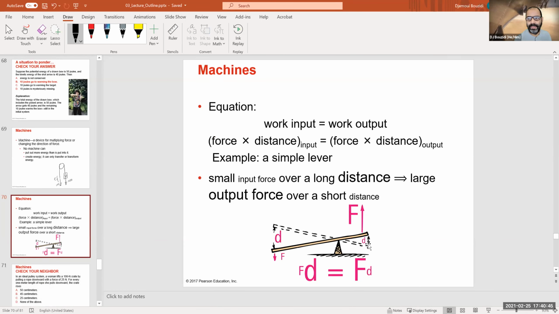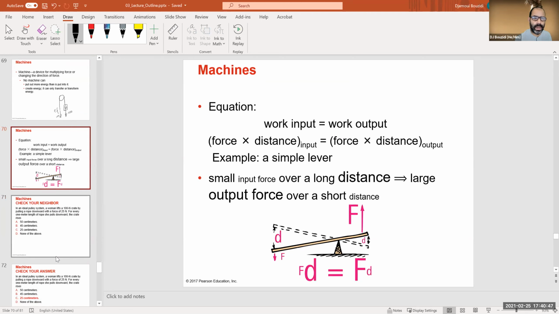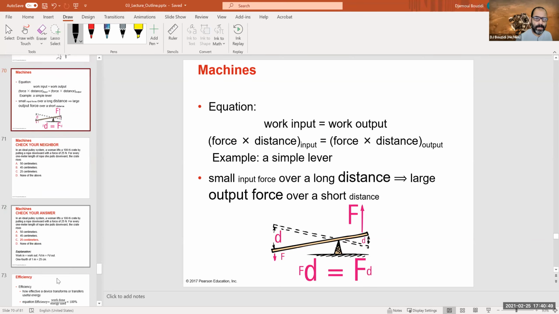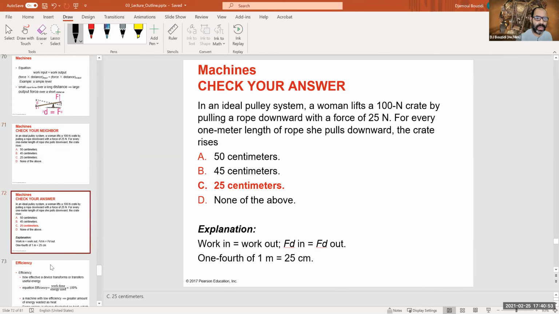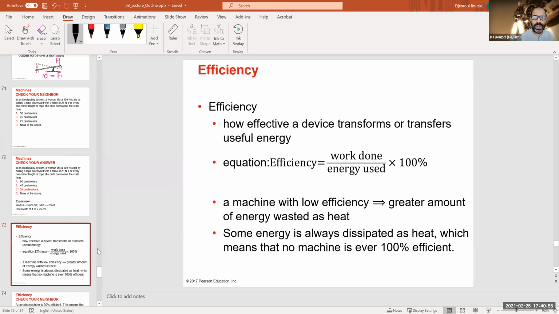Okay, again, this is the lever. The example in here is just a numerical example, similar to what I gave you. So the efficiency of the... first of all, I probably confused the efficiency with the mechanical advantage.